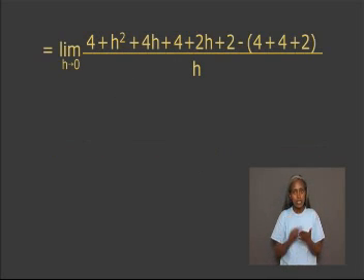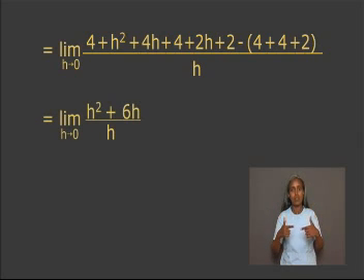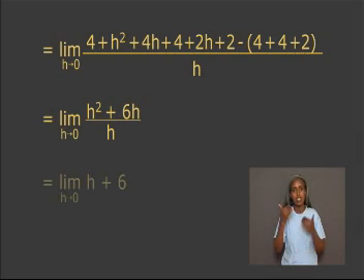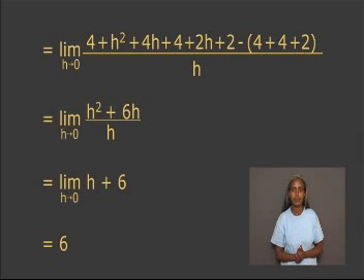This simplifies to the limit of (h squared plus 6h) over h as h approaches 0. Dividing the numerator by the denominator, we find that the limit of h plus 6 as h approaches 0 equals 6. This is the gradient of the tangent line.